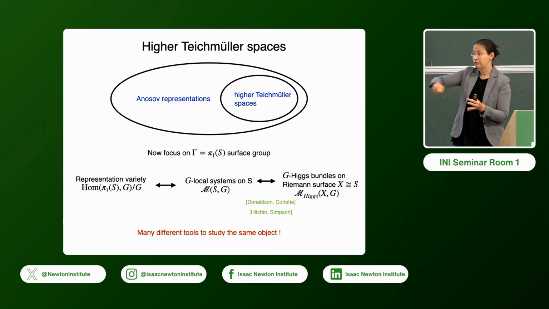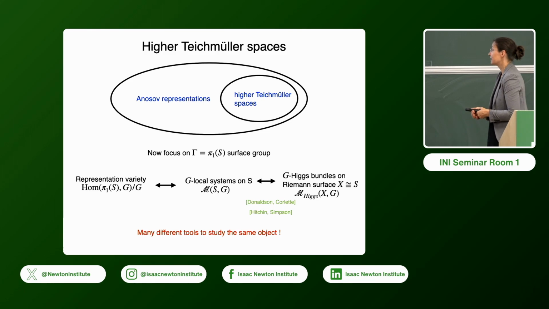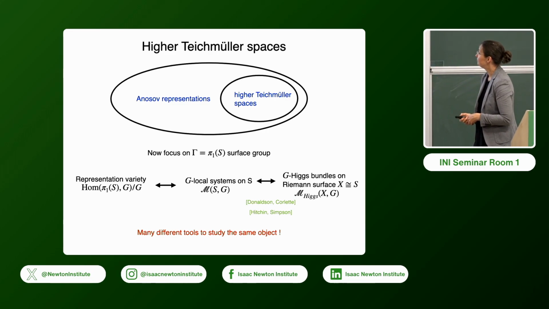So where we take any sequence going out to infinity, any sequence converges to something which is still discrete and faithful and is still Anosov. So I just put this here for people who are interested.